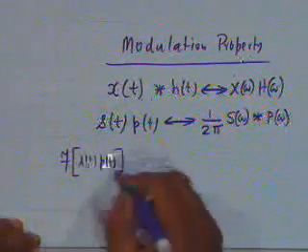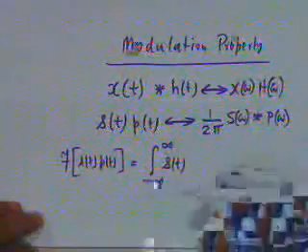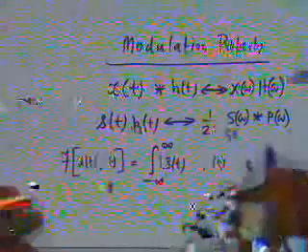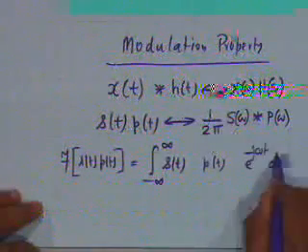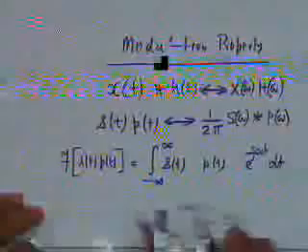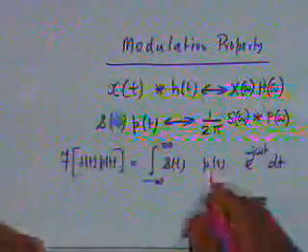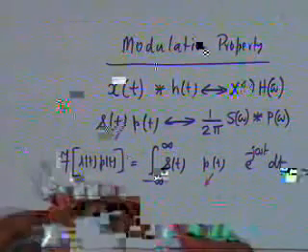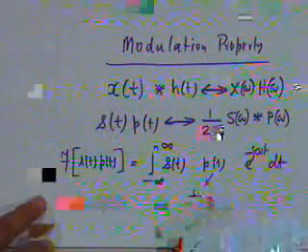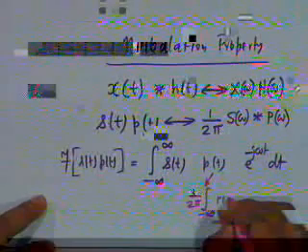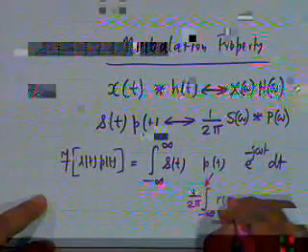What we do is, the Fourier transform of s of t p of t, we write as the integral from minus infinity to infinity of s of t p of t e to the power minus j omega t dt. Then we replace in this integral p of t by its inverse Fourier relationship, that is 1 over 2 pi integral from minus infinity to infinity of capital P of omega e to the power j omega t d omega.